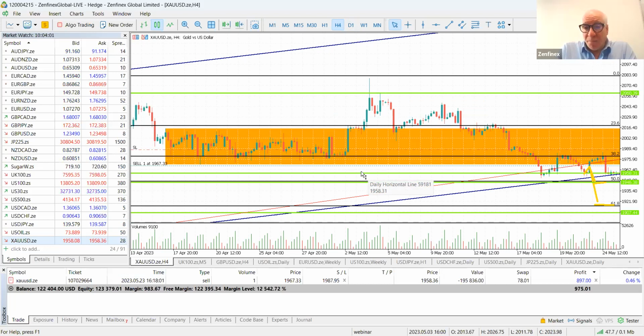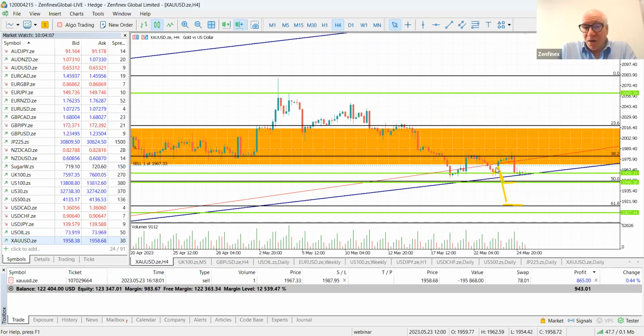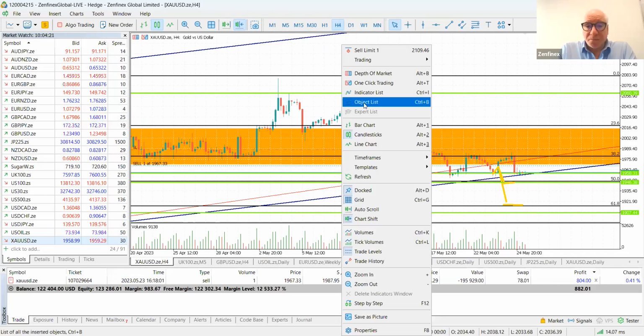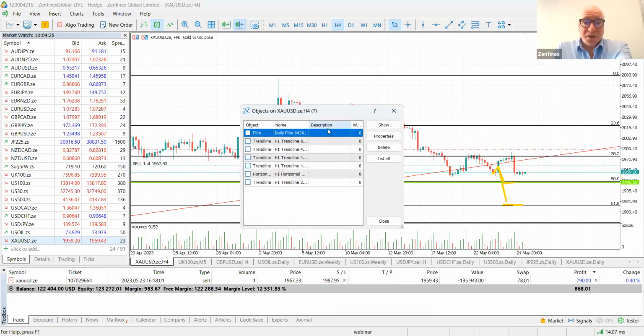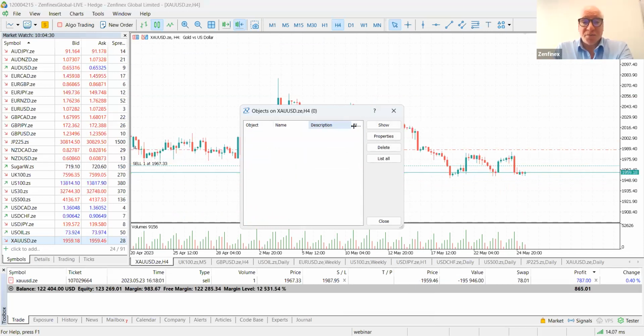So I'll leave this chart on for a second because a few days ago, I think it was last week, we set this up and we looked at where markets may turn and how that is influencing my running trade. So let's get rid of everything first, and I'll start again with the top-down approach, because it's the same thing I do every single time I look at a chart.